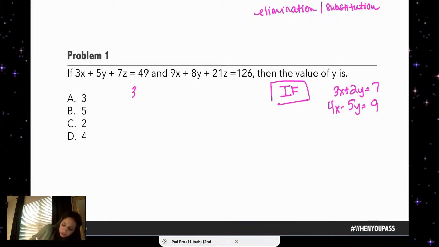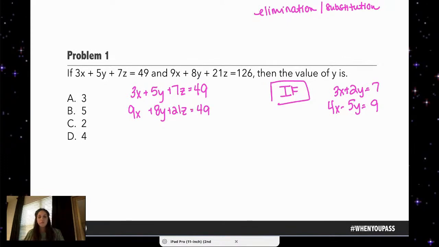I have 3x plus 5y plus 7z equals 49, and I have 9x plus 8y plus 21z equals 126. Now, I'm going to try to multiply one of these equations by a value that's going to allow me to eliminate something.